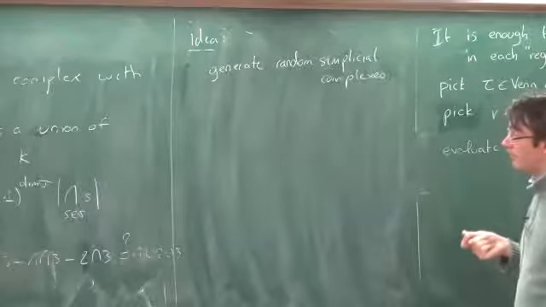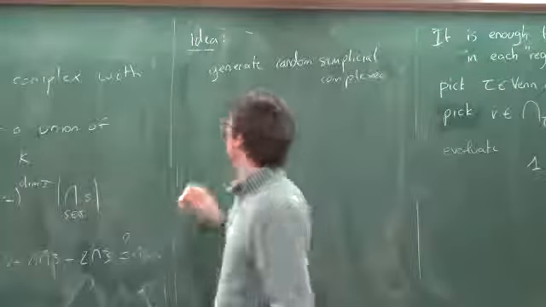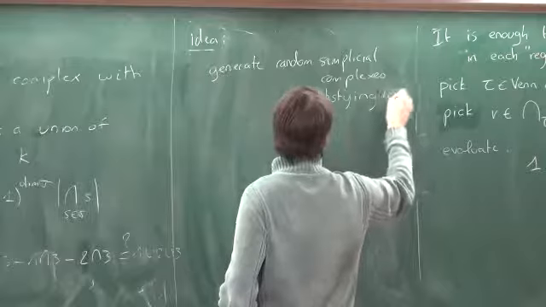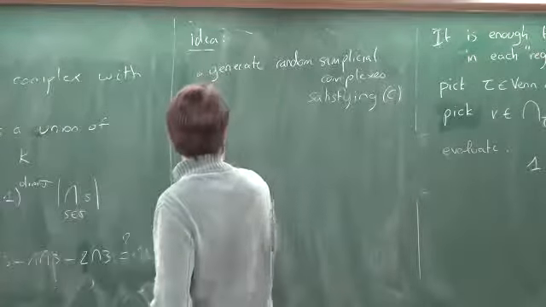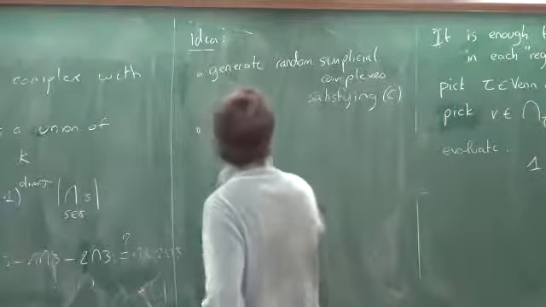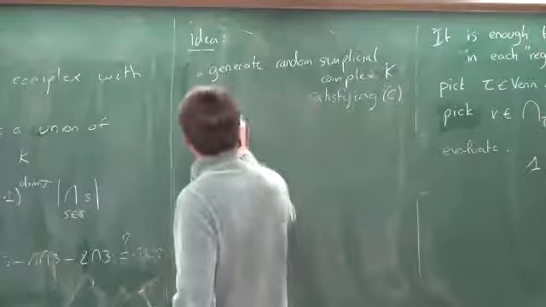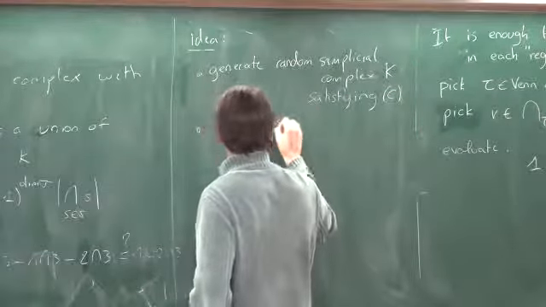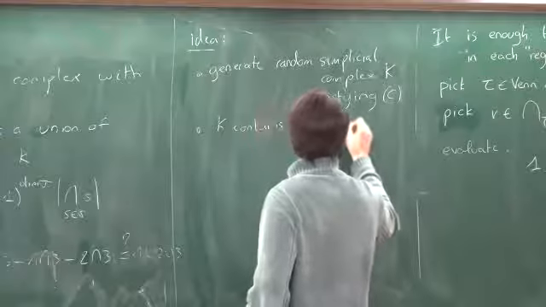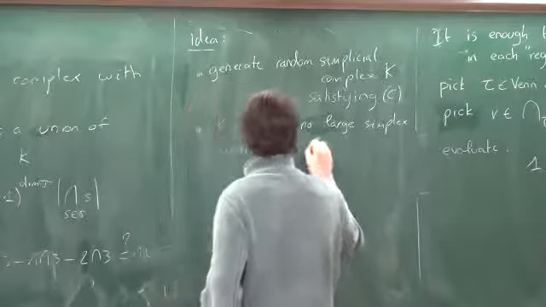And the way we will do that is we will make sure that we generate only random complexes that satisfy this condition C. Then we will show that the random simplicial complex K has no large simplex with positive probability.